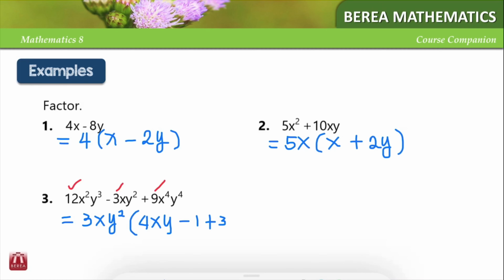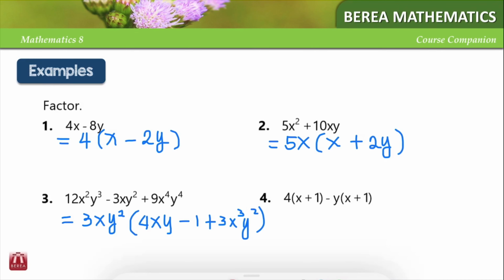And then x raised to 4 divided by x is x cubed. And then y raised to 4 divided by y squared is y squared. So the factored form of the given polynomial is 3xy squared times 4xy minus 1 plus 3x cubed y squared.